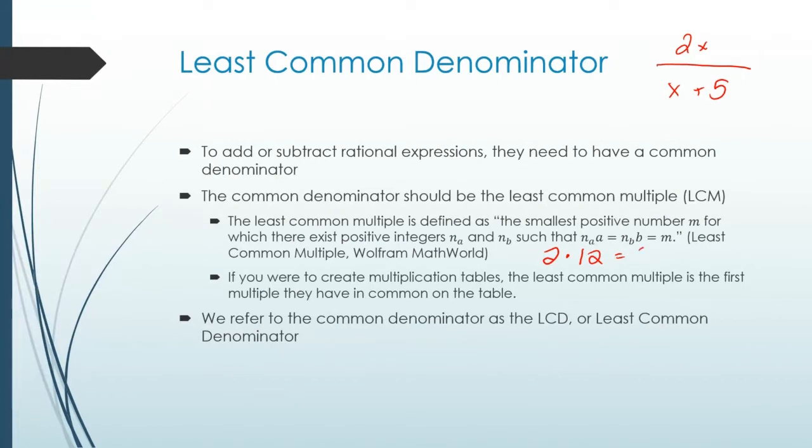So 2 times 12 is 24, and 6 times 4 is equal to 24. So the least common multiple is 24, essentially, if you're looking at two numbers, 12 and 4, say. Well, actually, that wouldn't even make sense. Those are not least common multiples. This is what I get for trying to think of an example on the fly.